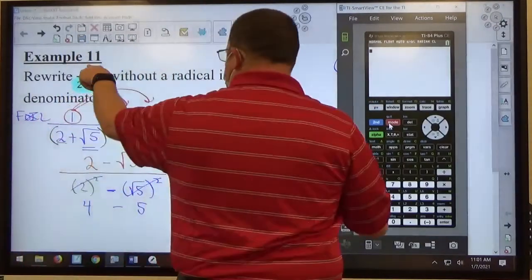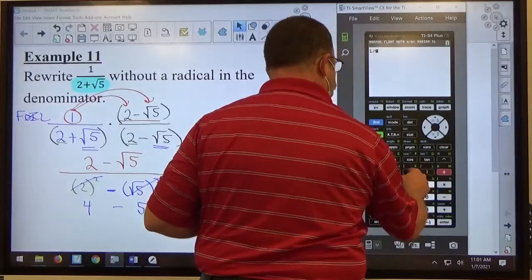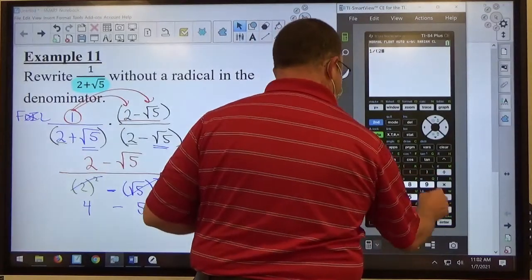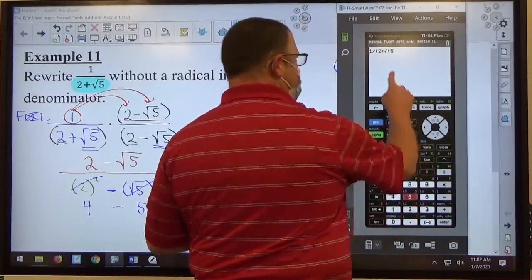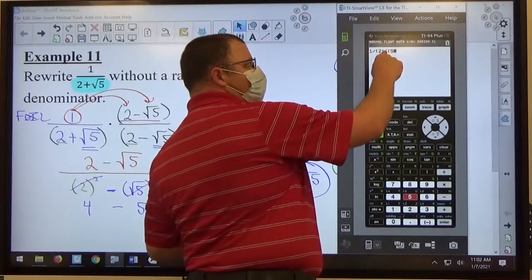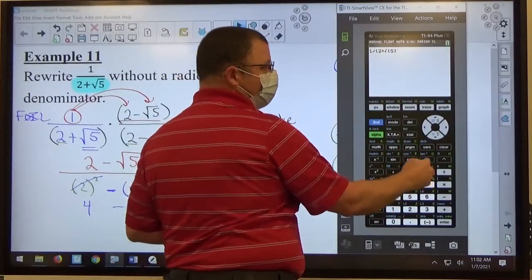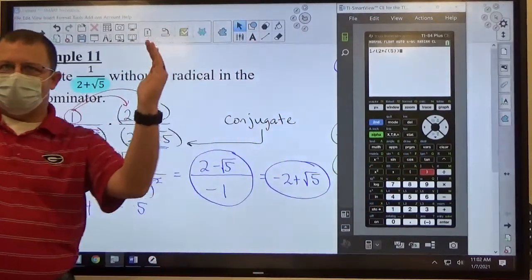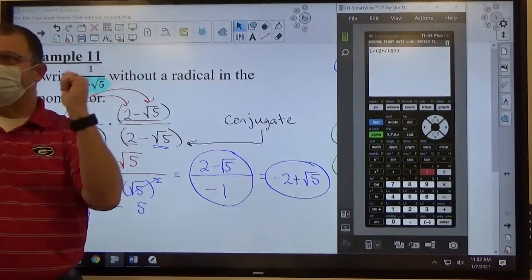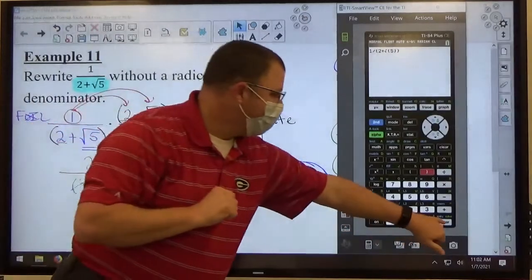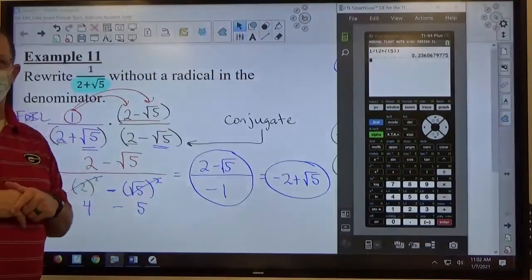So if I type in 1 divided by parentheses, 2 plus the square root of 5. My calculator, every time I type the square root, automatically puts parentheses. I'm going to end parentheses, finish that, and end parentheses, finish the bottom. I need that bottom in parentheses, so it's 1 divided by that whole sum, not just part of it. That's what the original expression equaled.